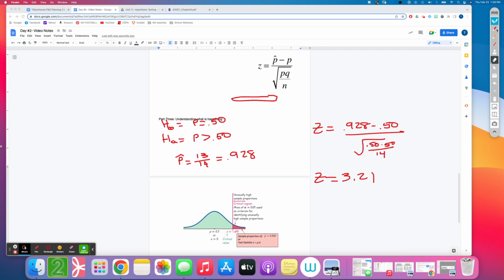But since this 3 number is way over here beyond 1 and 2, in this red zone, we are actually going to reject the null hypothesis. Since it falls in the red zone, we can say the sample shows that those methods might have done something to help produce more baby girls.